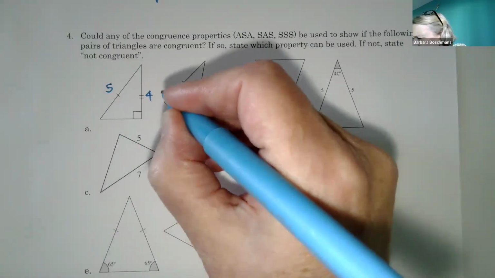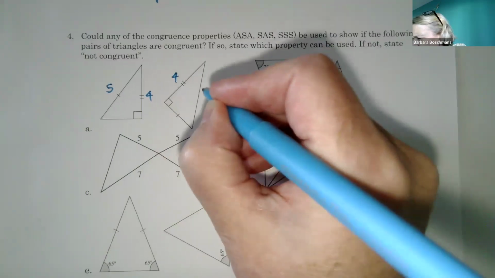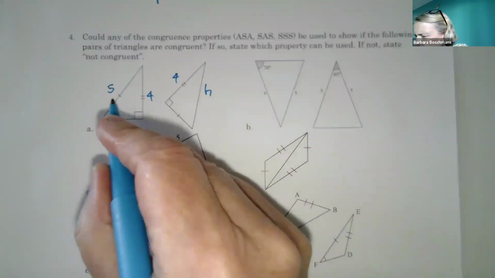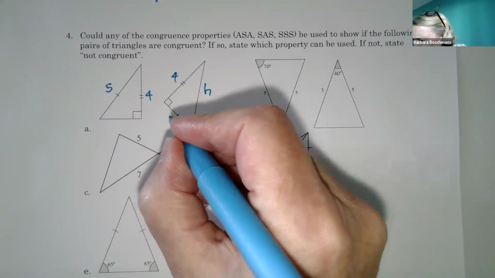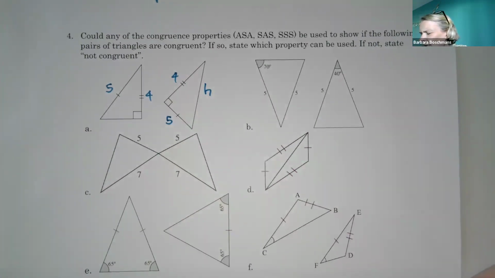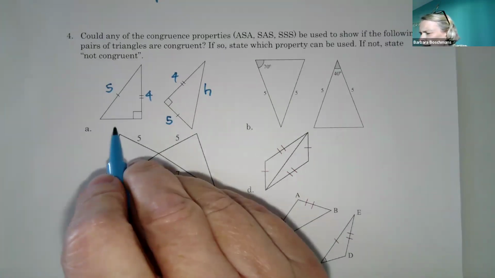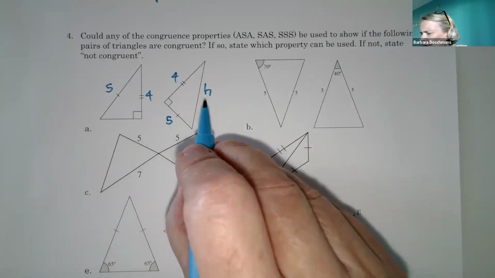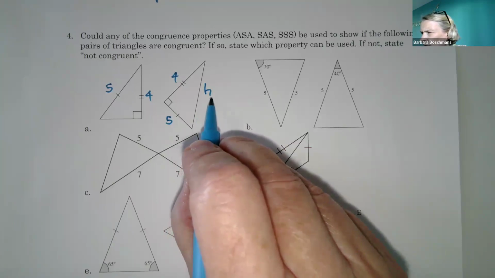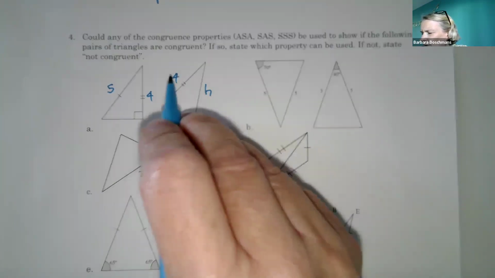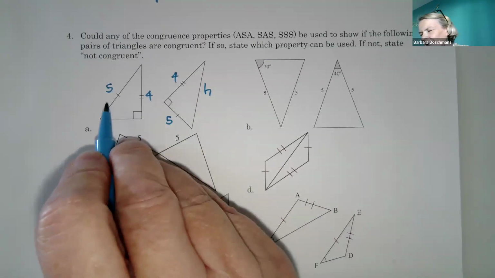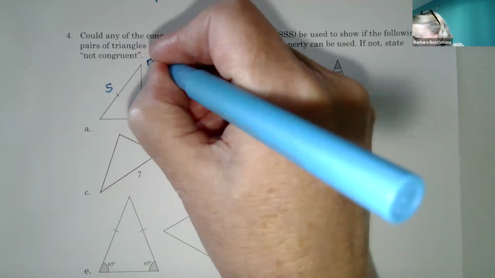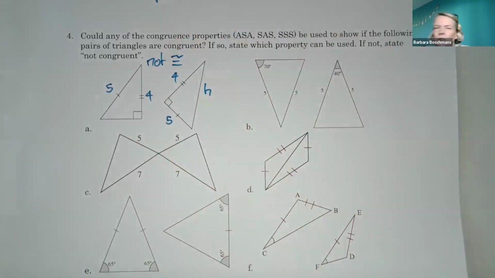So the double dashed line would be 4. This is my hypotenuse. But see how these two have a little slash through them? That means whatever this bottom side is, the hypotenuse has to be the longest side, which means it has to be greater than 4 and 5, but the hypotenuse here is 5, so these are not congruent. So the labeling matters in that one.